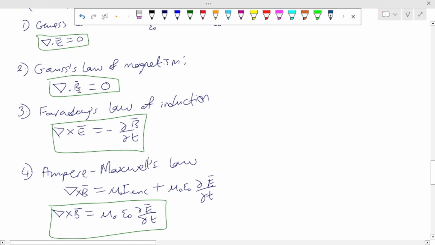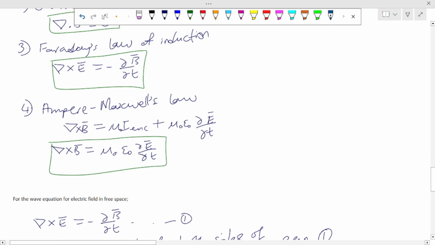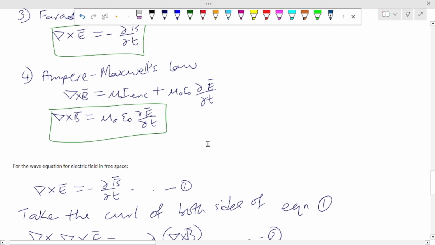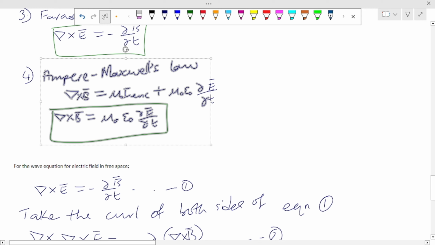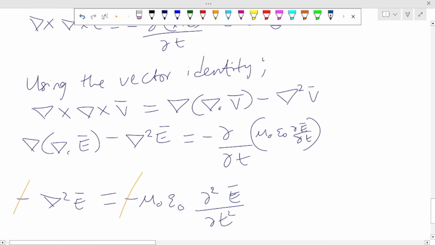Now, this one has magnetic flux, but it equals 0, so we can't make use of it, so we leave that. The other equation that has magnetic flux is this. We're going to take this from Ampere-Maxwell's law. Let me copy it and I'll edit it there. Copy these parts.